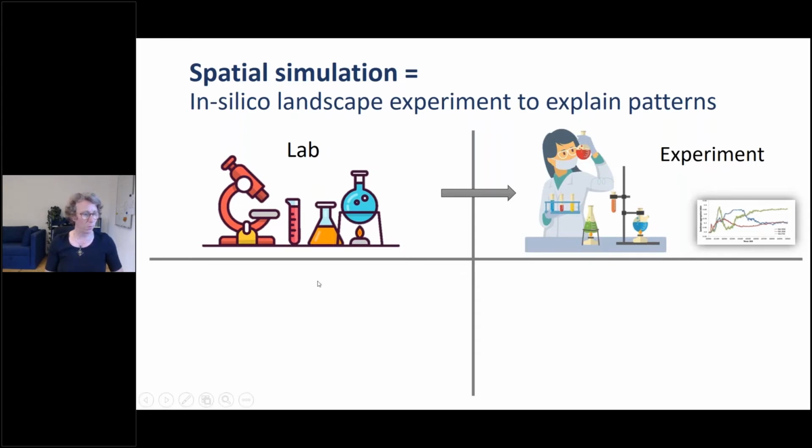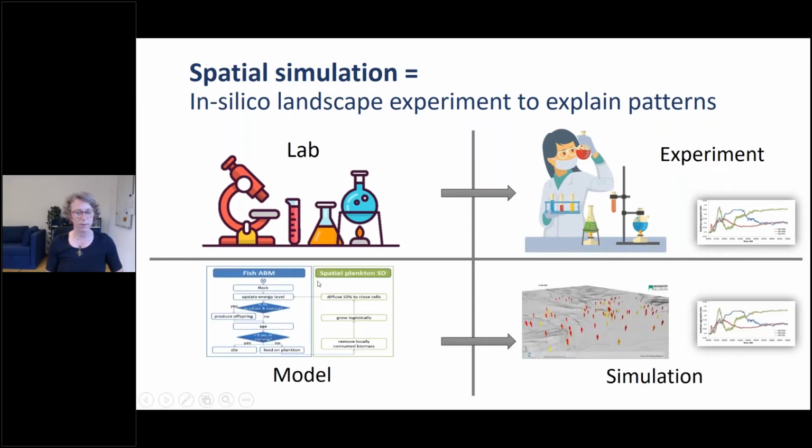And with the model and the simulation, it's the same. The model is like the lab. You rebuild a real system there. But the simulation is where you learn about things, where you make the in-silico or virtual experiment.